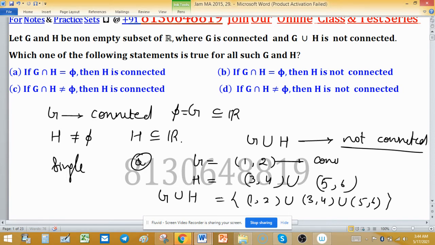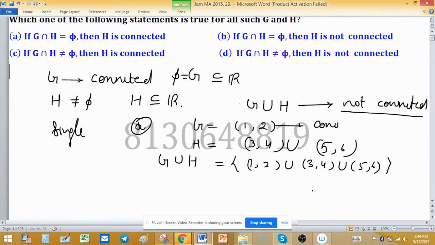So it will be the union of G and H. You can see some points are missing from 2 to 3. So G union H is not connected.